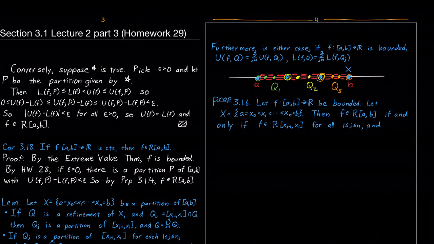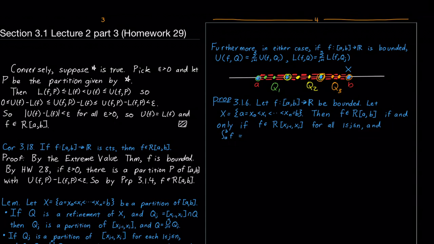And if it's integrable on all those intervals, we can actually say something about the integral. The integral from a to b of f is the sum from j equals 1 to n of the integral from xj minus 1 up to xj of f. So let's prove this.